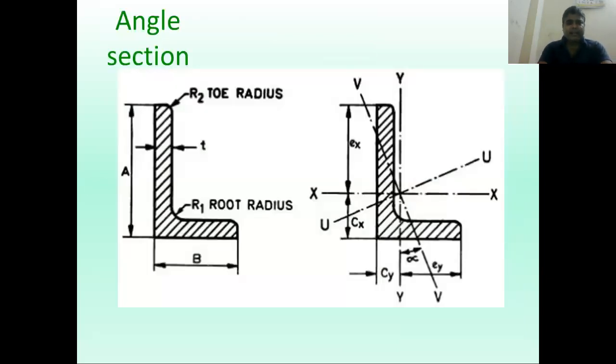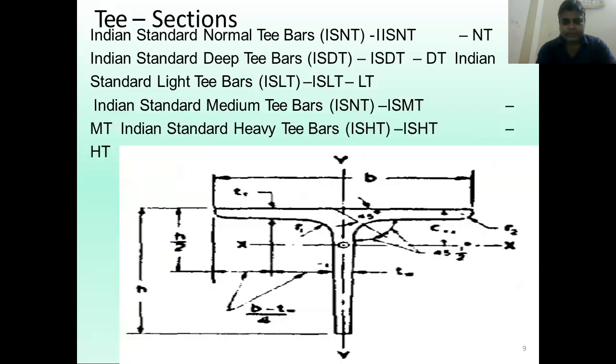In the angle section, R2 is the toe radius, R1 is the root radius, and t is the thickness of the web. Here we discuss all the points: x-axis, y-axis, UU and VV, etc.